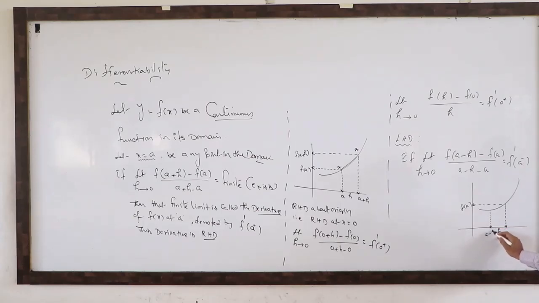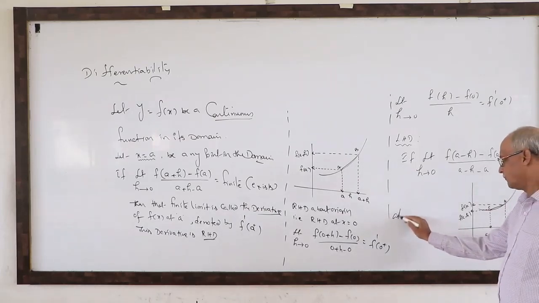This is A minus h. Then its corresponding f of A minus h. Then this is your chord AC. As C approaches A, then also you will get a tangent at A. Either there or here, a tangent only you are getting at A. This is called the left hand derivative.